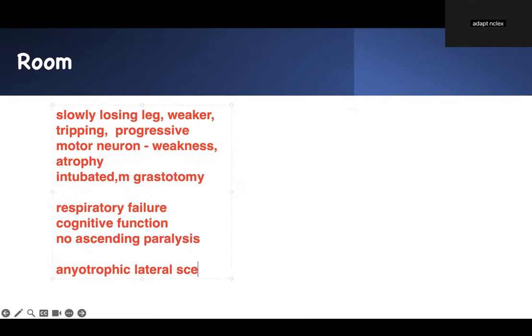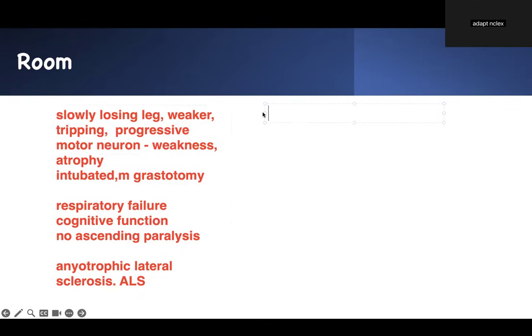So that's this patient. It's different from Guillain-Barré syndrome. That's ALS.